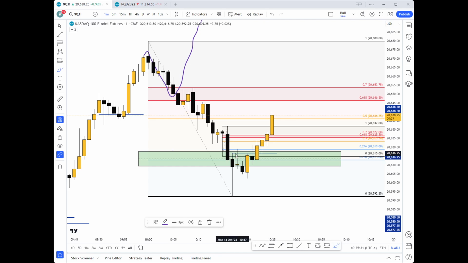Right, but the important thing was a closure above this. You barely got your trade back in, which is characteristic of a higher time frame shove.